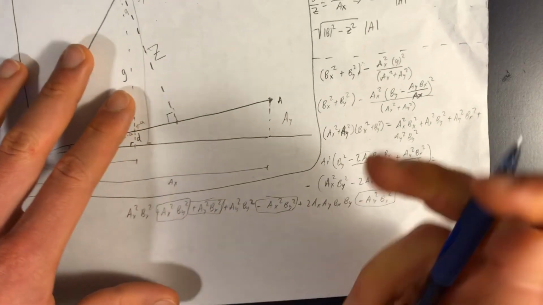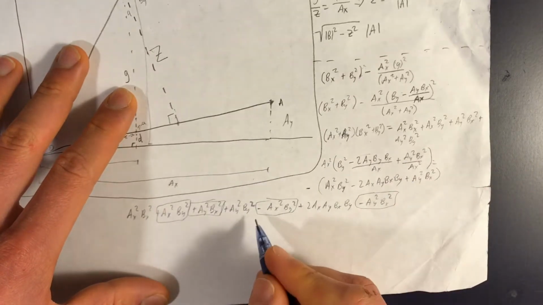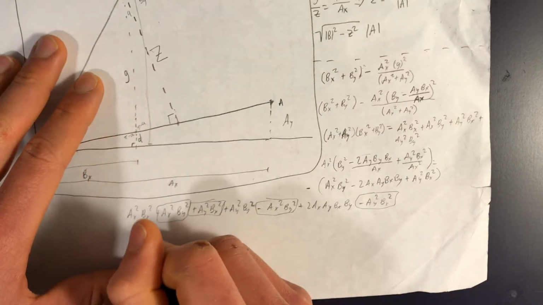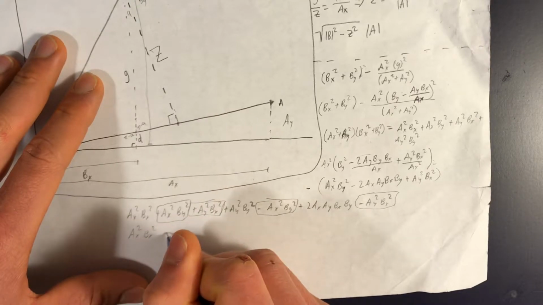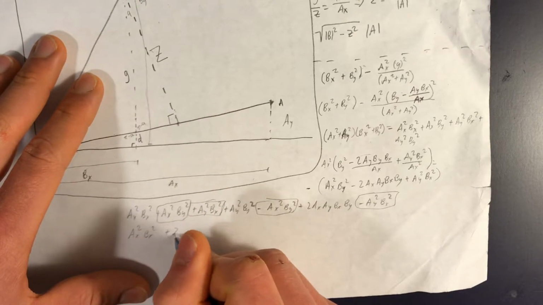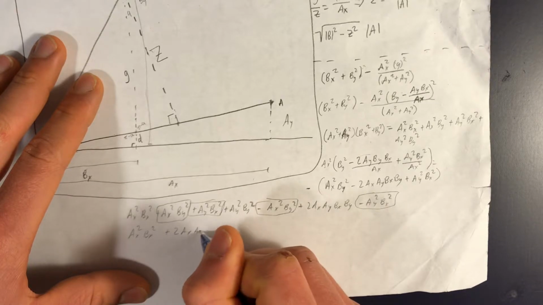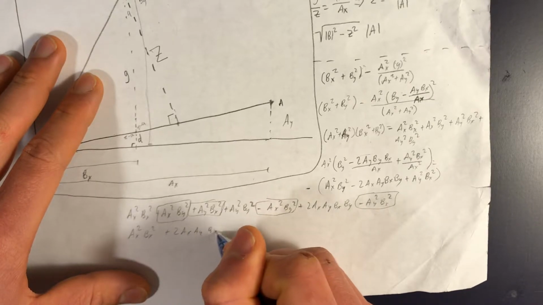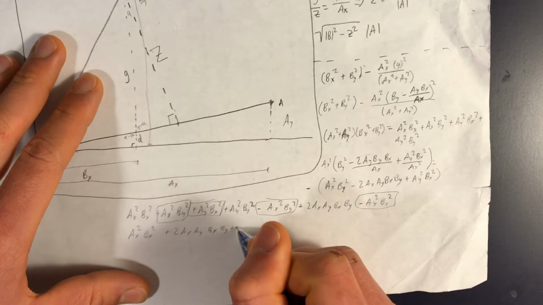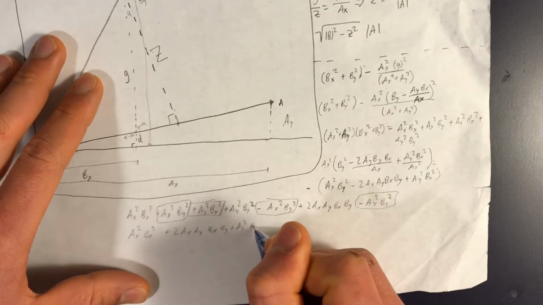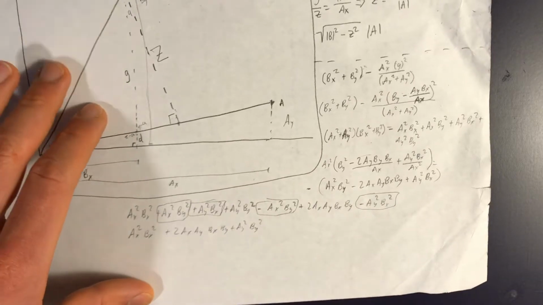Okay, so pretty much you're left with ax squared bx squared, plus 2ax ay bx by, plus ay squared by squared.